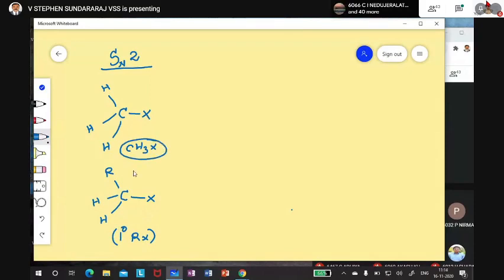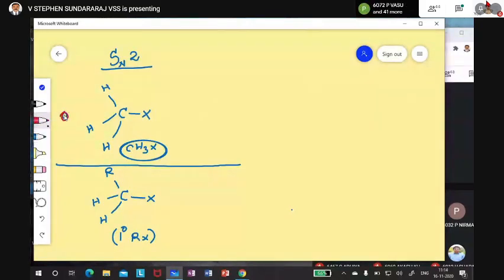In both cases, OH minus can attack, very easily here and easily here. Because the difference is small: instead of hydrogen, one R is there, a little bigger group, but still because of hydrogen more space is available. Here all three are hydrogen, so more space is available, and attack is possible.